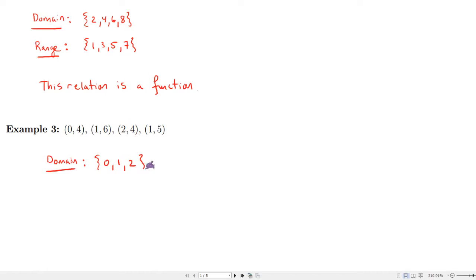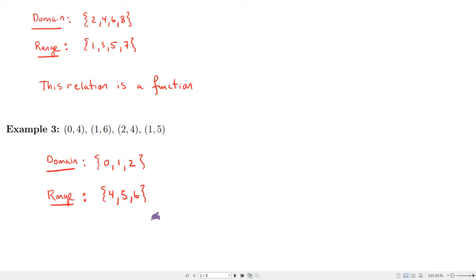We don't have repeats when you have sets, so we would just write 1 once. And the range will be the set of second coordinates: 4, 6, 4, 5. So it is 4, 5, and 6.